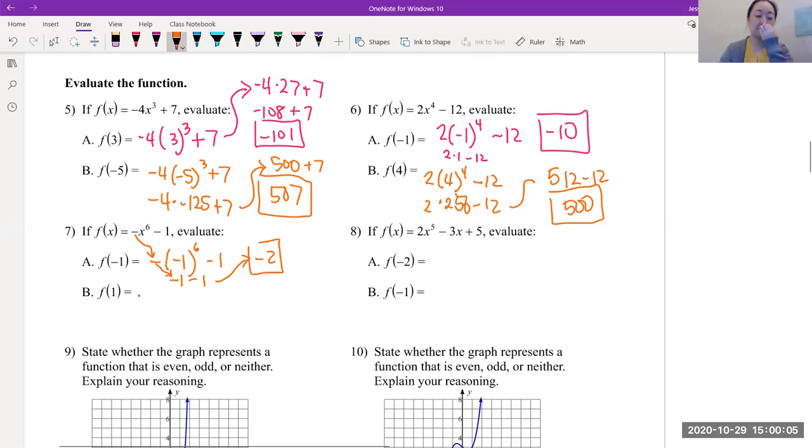We're going to do the same thing for f of 1. So we're going to put that negative from the, oh, I should have changed that color. So negative, and then there's just 1 to the 6th power minus 1. What's 1 to the 6th power? Again, we're just multiplying 1, so it's just 1. And then that negative, remember, it gets tacked on there because that negative has nothing to do with that 6th power.